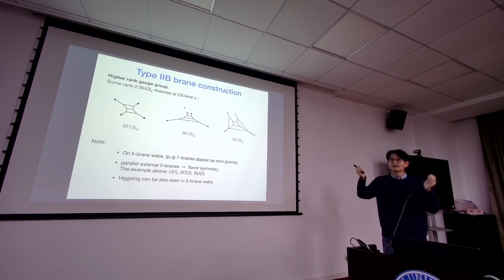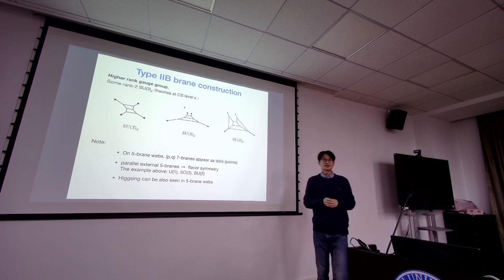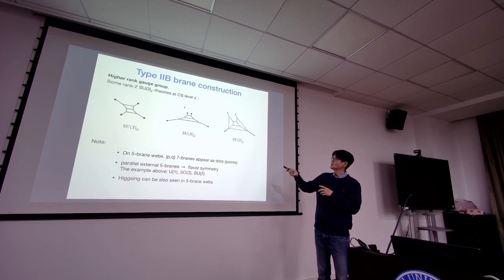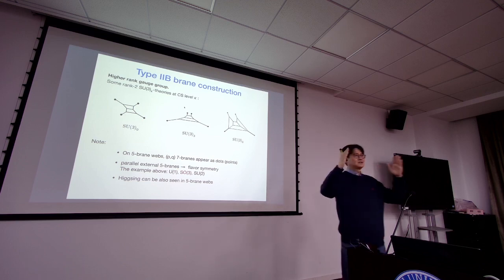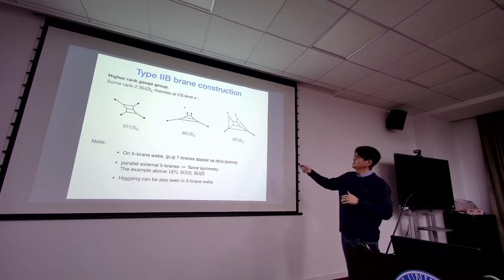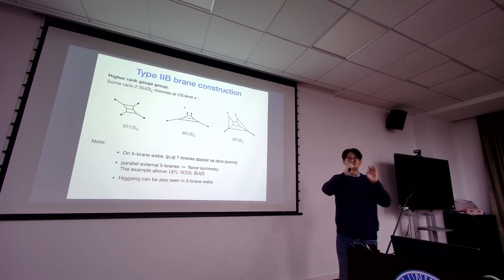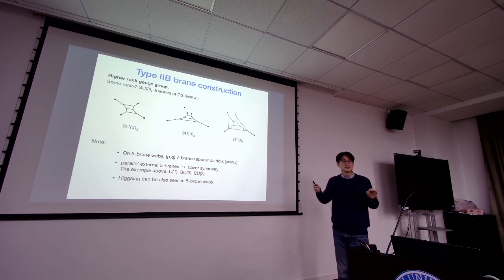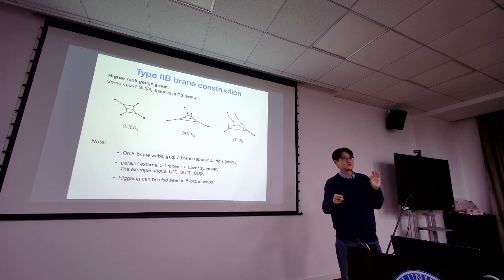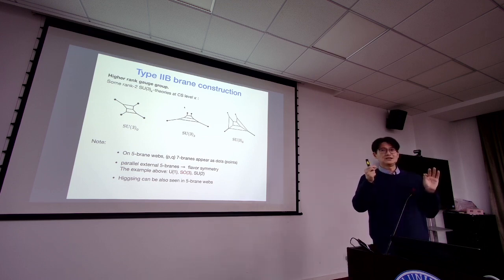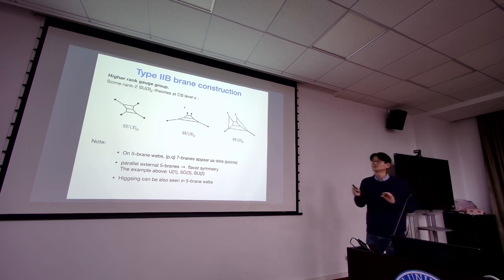As you change the Chern-Simons level, the angle will get narrower and narrower, and this diagram is obtained after doing some Hanany-Witten transition. Hanany-Witten transition is the transition of the brane where one brane crosses another brane, and there is a creation and annihilation of a brane.